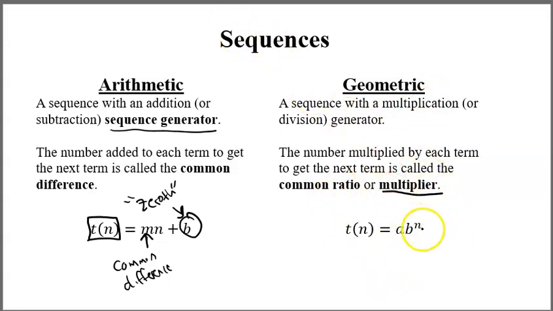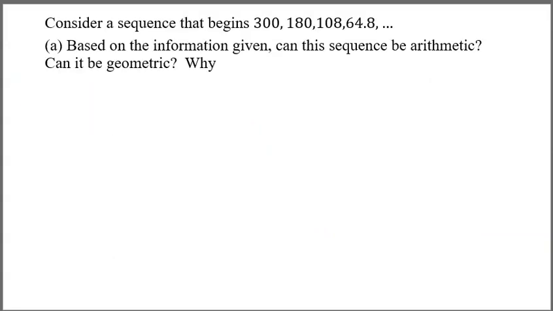So B is the multiplier. Please notice the difference in what B represents from geometric to arithmetic. And then A is the zeroth term. Okay? So we're going to look at a problem to get an idea about these sequences.